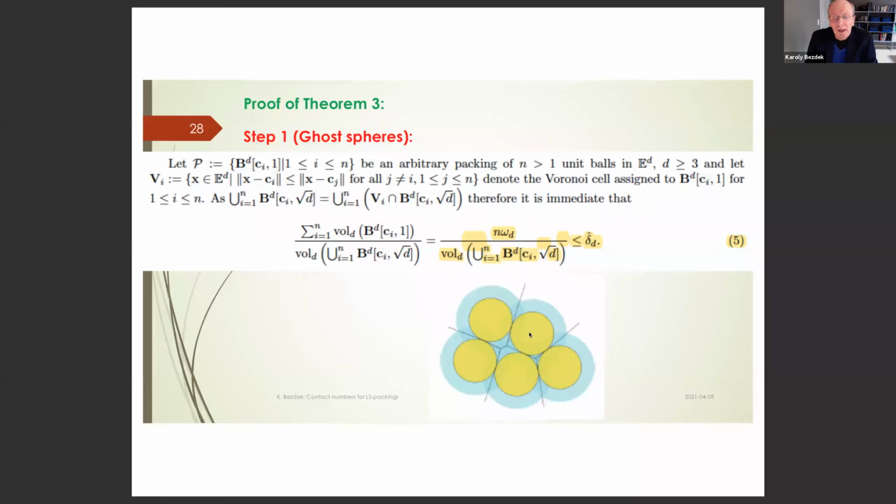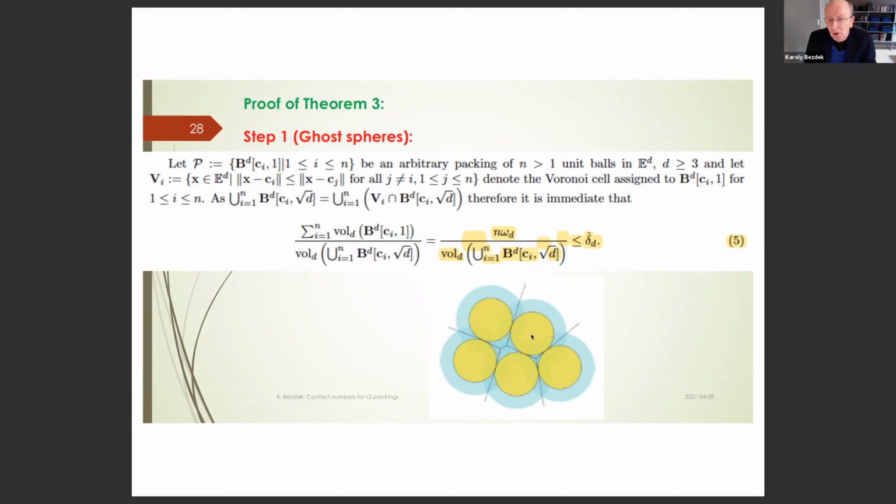That theorem is about upper bounding the density of spherical caps forming a packing in spherical space.